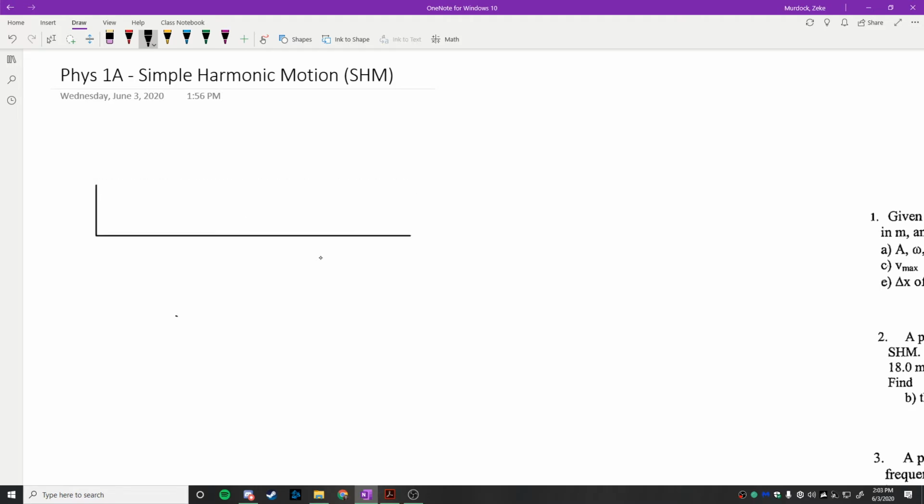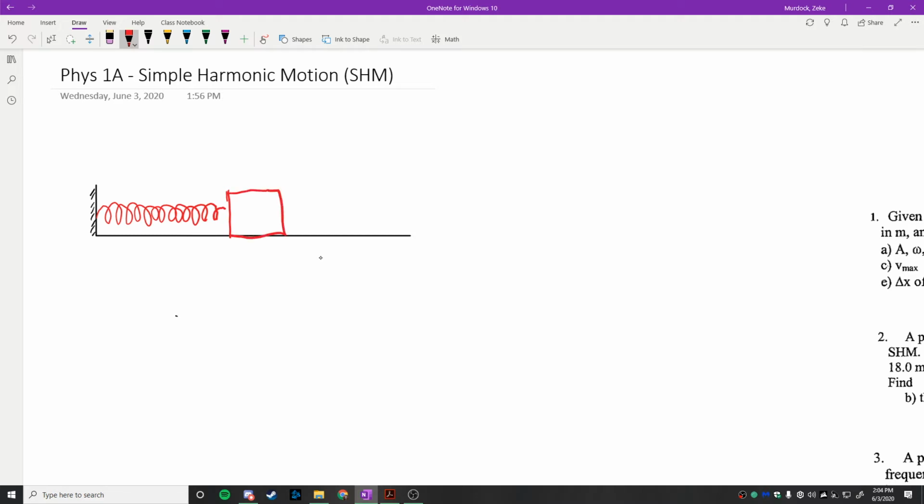This over here is some kind of rigid, fixed wall. And attached to this wall, we're going to have a spring. Okay, so here's our spring. And the spring can basically do two things. It can compress, and it can stretch.